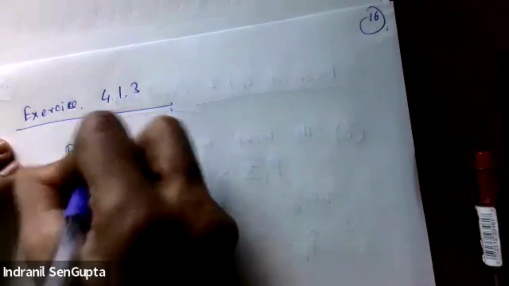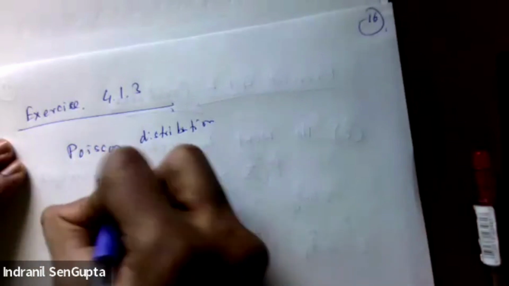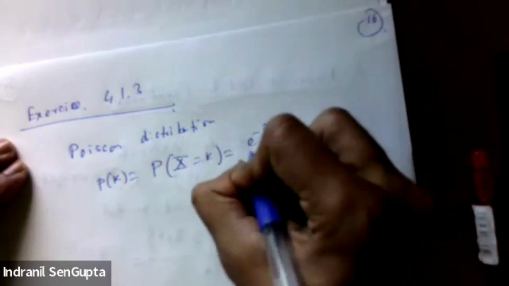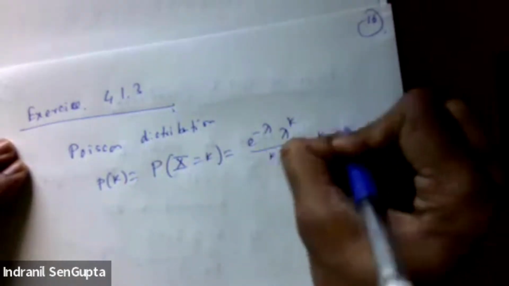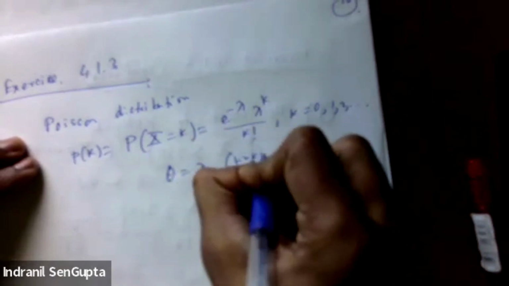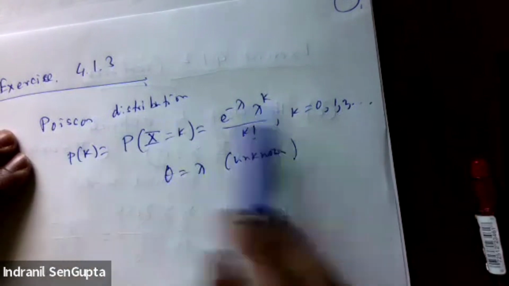Let me remind you, for the Poisson distribution the probability that X equals k is given by e to the minus lambda, lambda to the k over k factorial, where k equals 0, 1, 2, and so on. That's something we know. Here the unknown is lambda.